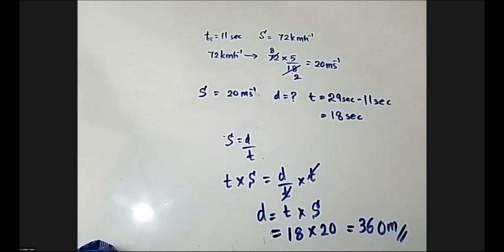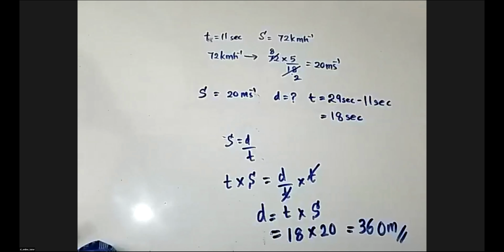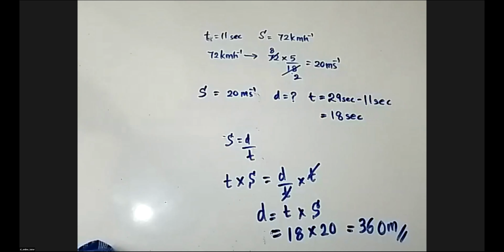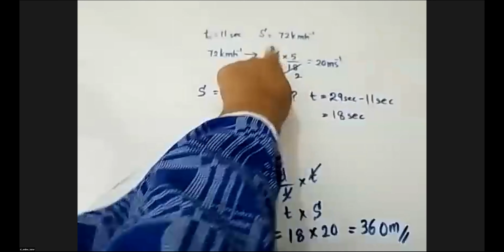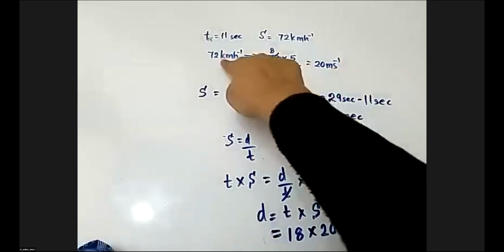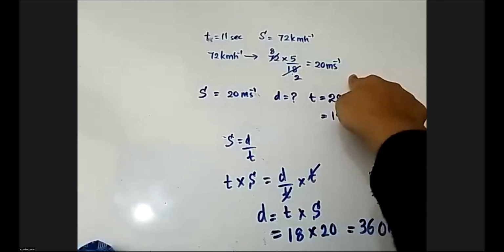So we have one more topic to discuss before we go to the questions on the exercise. After that, we can discuss 22.1. How did you get 20 meters per second? We got it from here because it says 72 kilometers per hour. You have to convert.